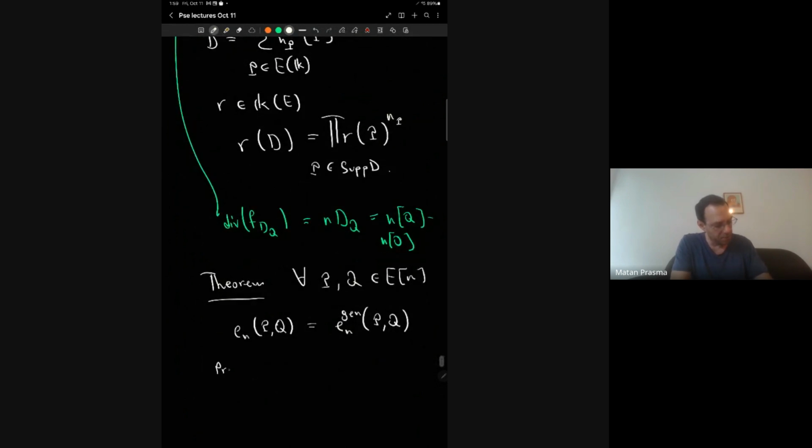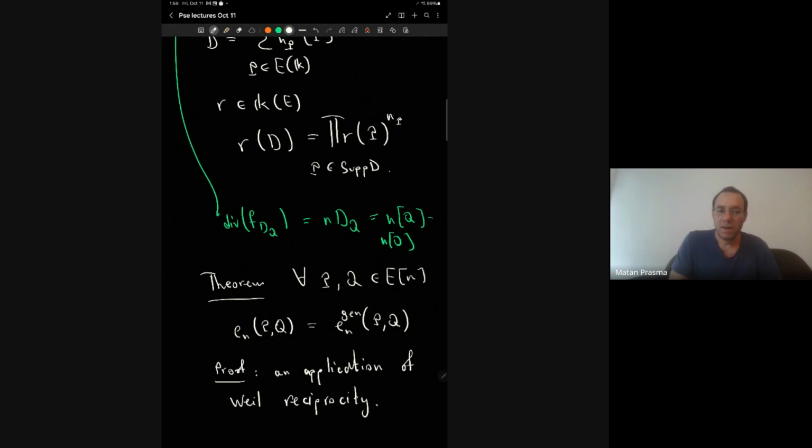And the proof is an application of Weil reciprocity. Okay. So let's take a break and come back to the Miller algorithm.